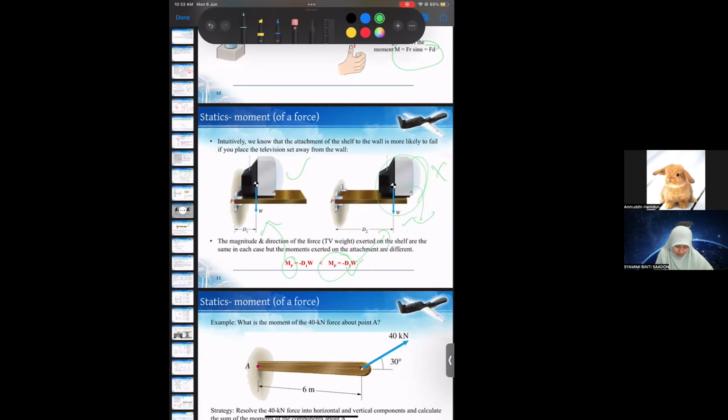So in this situation, we usually place the television very close to the wall so that the moment will be very small or zero.